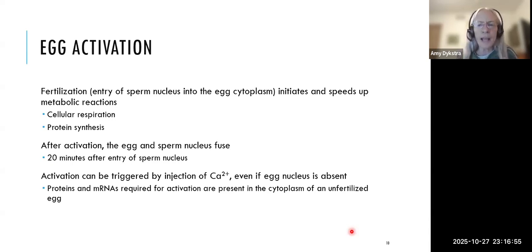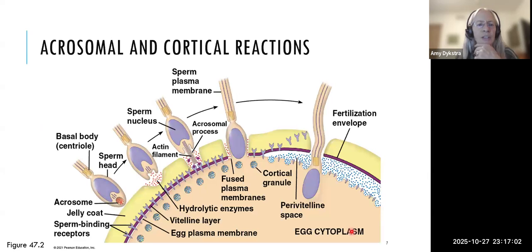Okay, so this is what happens in the sea urchin, and I'll just go back to this picture again. This is what happens in the sea urchin. We have the acrosomal reaction, so the release of the acrosomal enzymes and the formation of the acrosomal process, and then the fusion of the egg and the sperm plasma membranes.